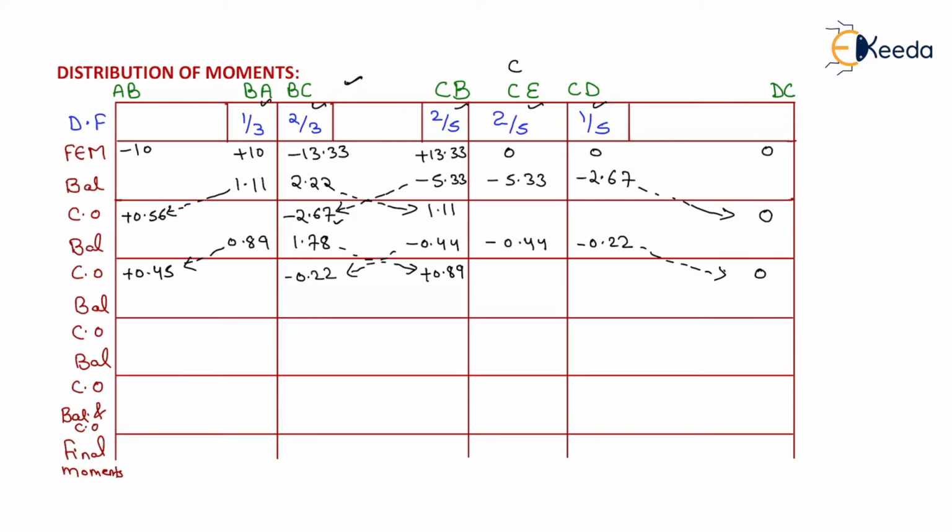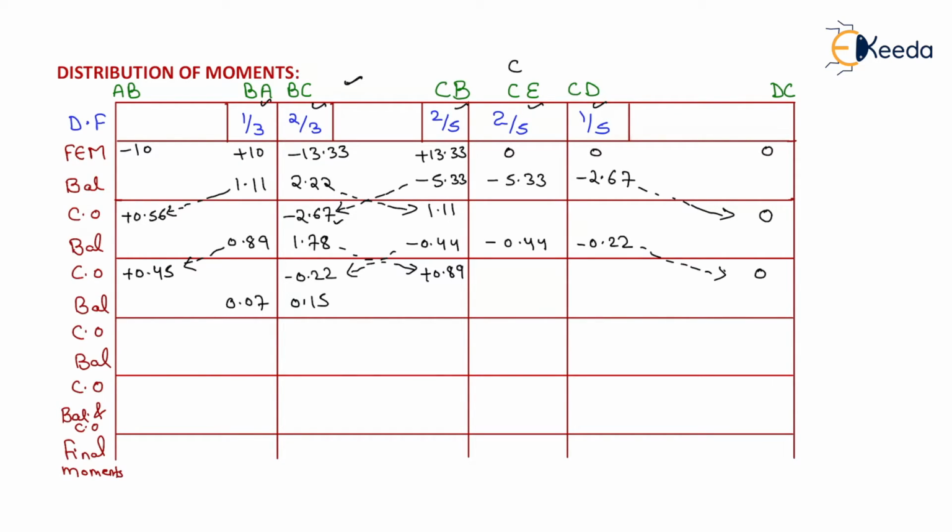Now at joint B there will be an unbalanced moment of minus 0.22, so it needs to be balanced by plus 0.22, and it will be distributed according to the distribution factor of BA and BC. So 0.22 by 1 by 3 will be equal to 0.07. Similarly 0.22 by 2 by 3 will be equal to 0.15.